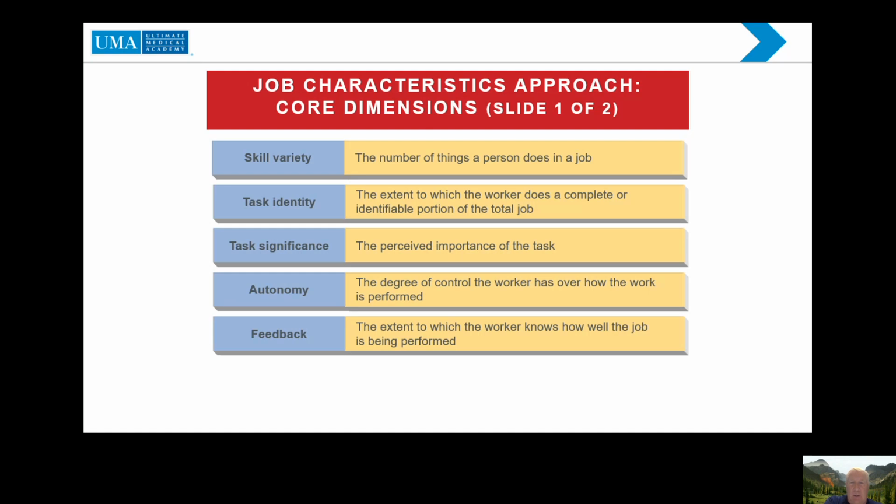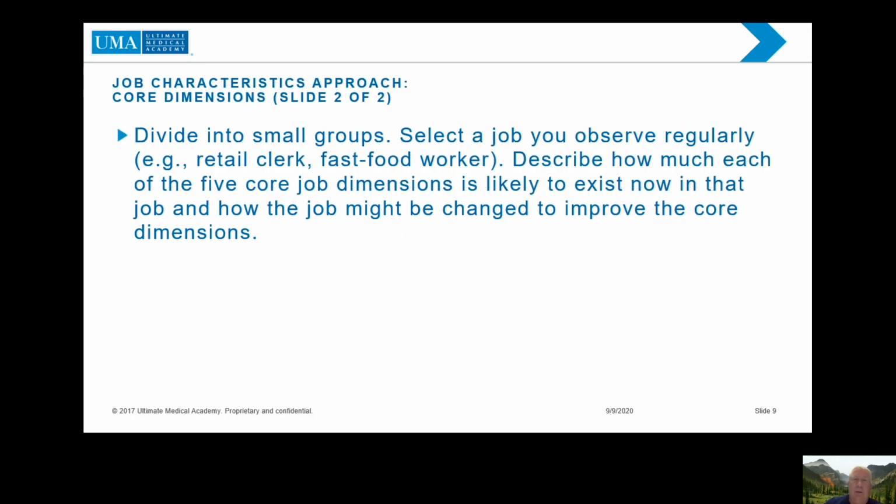Task significance, the perceived importance of the task. Autonomy, obviously the degree of control the worker has over the work performed. And I like the last one, feedback. How well is the job being performed, and how well do they know what their manager thinks of their performance? So those are good things.